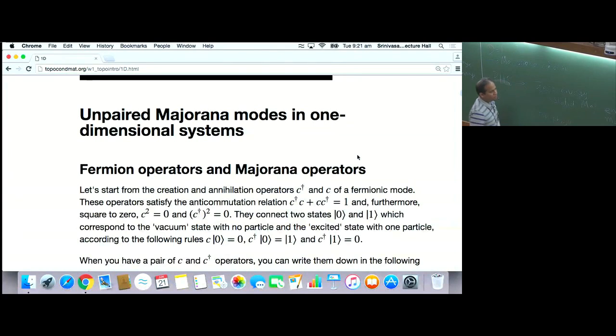Okay? So this gave an example for a topological edge mode.